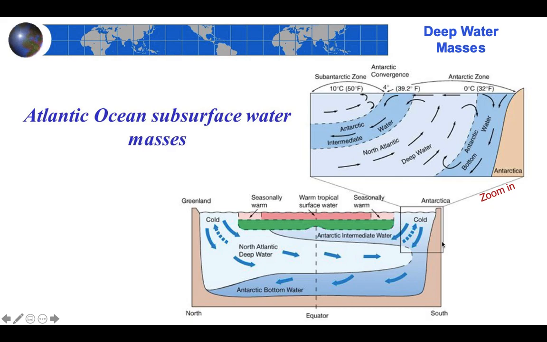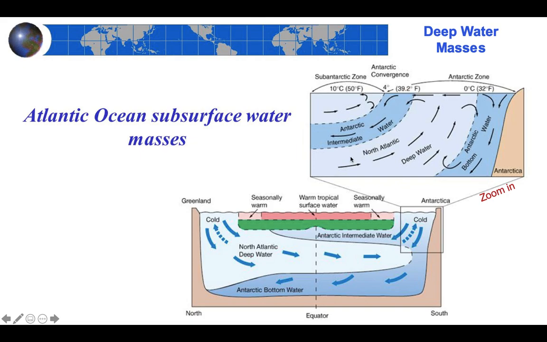If we zoom into the subantarctic part of the South Atlantic Ocean, we're looking at different zones with different current patterns, deep water patterns, and you see that this is the Antarctic bottom water current, sinking from the surface at extremely cold conditions.